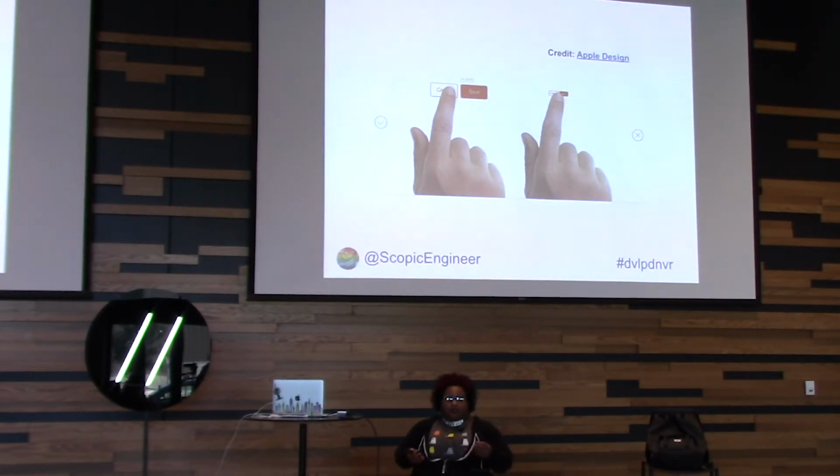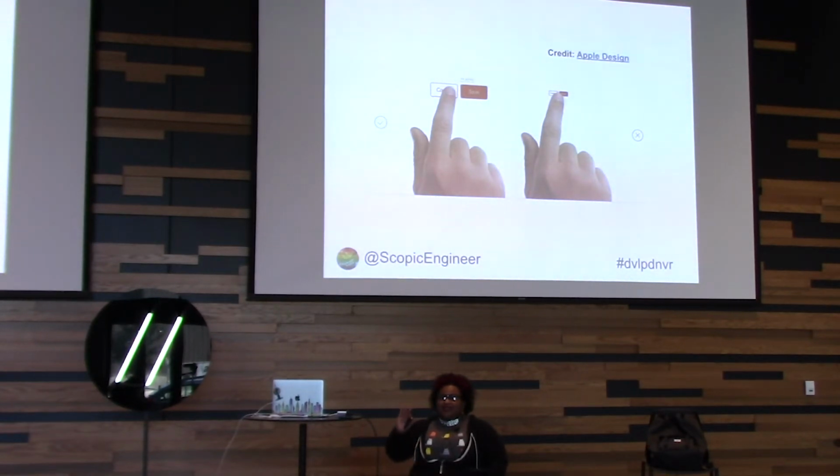I like it because I have fat baby fingers, so I will totally hit the wrong button all the time. When I was testing that app, I was like, this is so cool, I'm not hitting the wrong button as I'm testing. So don't make buttons small because it's a cool design or you're trying to do something innovative.